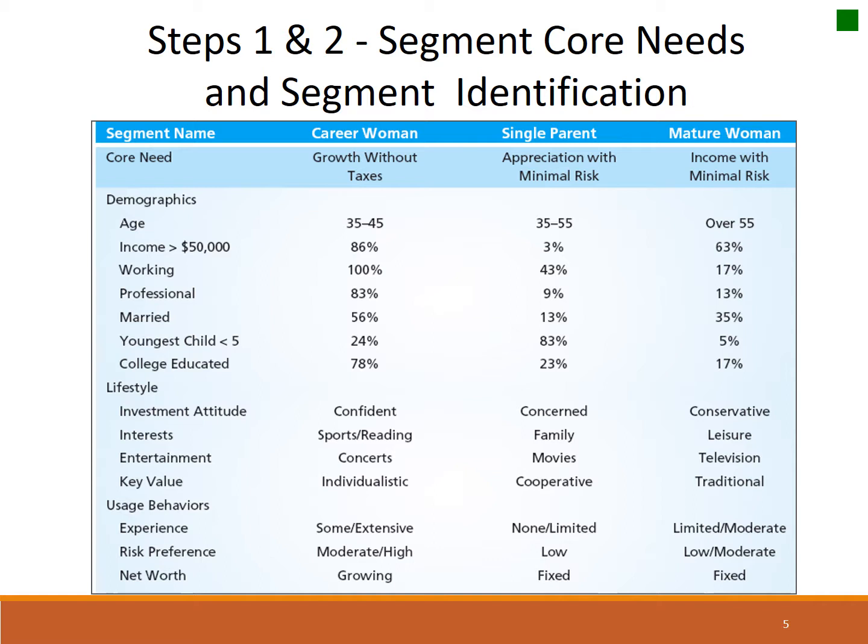So these are the different characteristics, but the core need is really what we're focused on here. If we can identify the core need, then that helps us drive what we're looking for as far as building the profile, which can come later on.